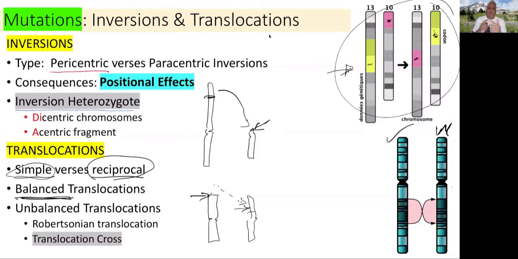It's just a movement from one place to another. In an unbalanced translocation, DNA is either duplicated during these breaks and maneuvers, or more commonly, DNA is lost, deleted. And that can cause those segments that are deleted or duplicated to have an additional effect other than positional effects.